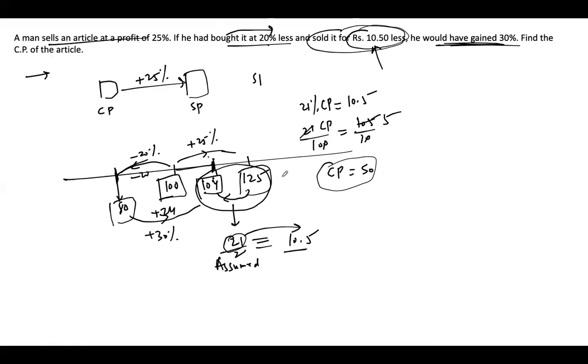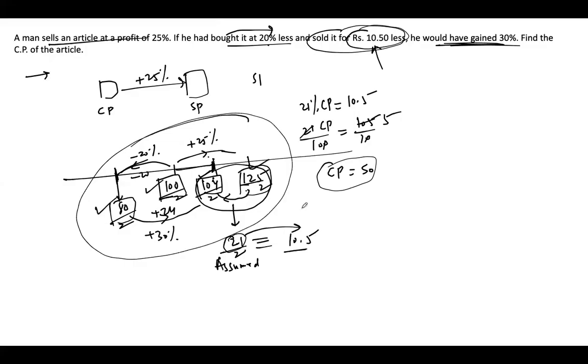So whatever values you have chosen, the relationship between our assumed value and the actual value is half. Every value will get halved. So what will happen to the cost price? Half. 100 would become 50. This matches our original answer.